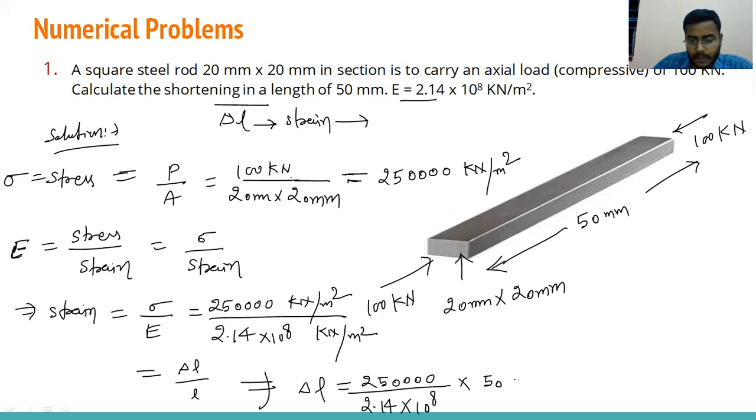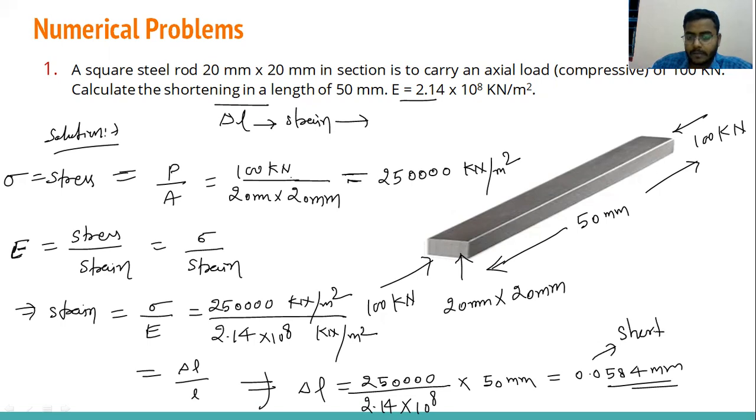Length is given, 50 mm. So delta L that we are getting is 0.0584 mm. So this is the change in length, this is the shortening in length.